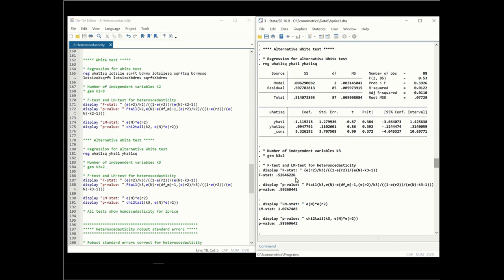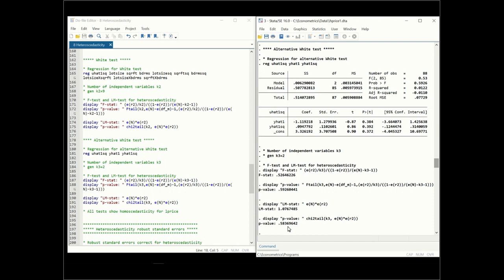I've repeated these here as well. And then the LM statistic is n times the r squared, so it's 88 times the r squared. You see, the r squared is extremely low, less than 1%, so 1% of the variation is explained by this regression. So the test statistic is very small, and the p-value is greater than 0.05.